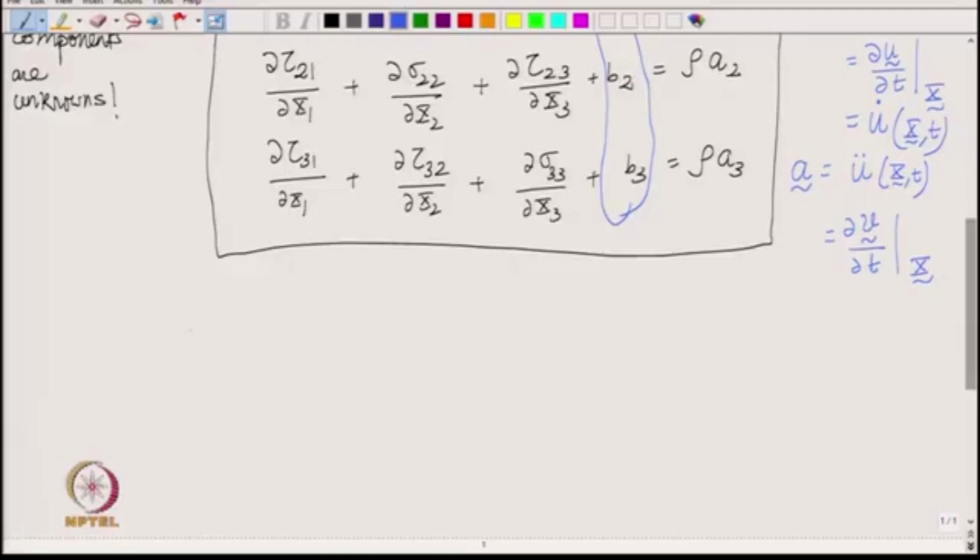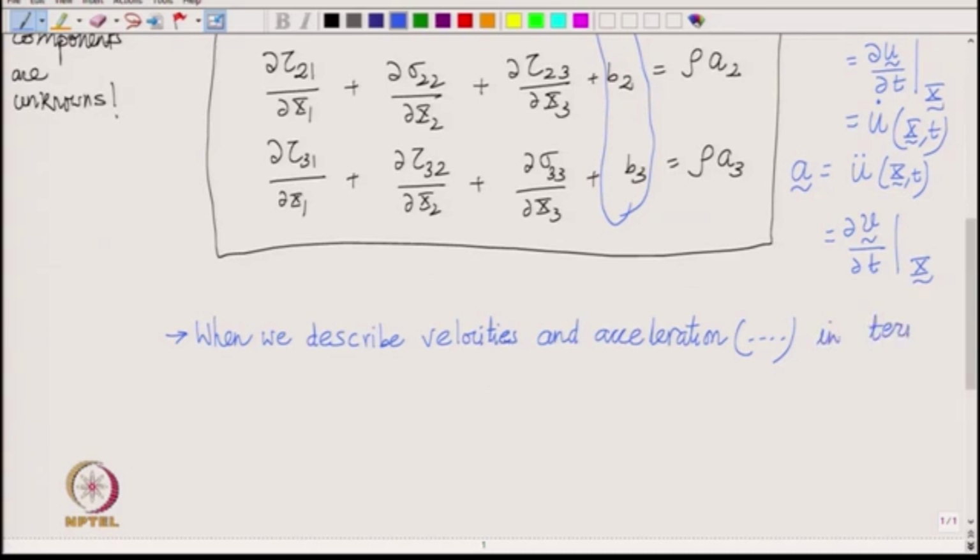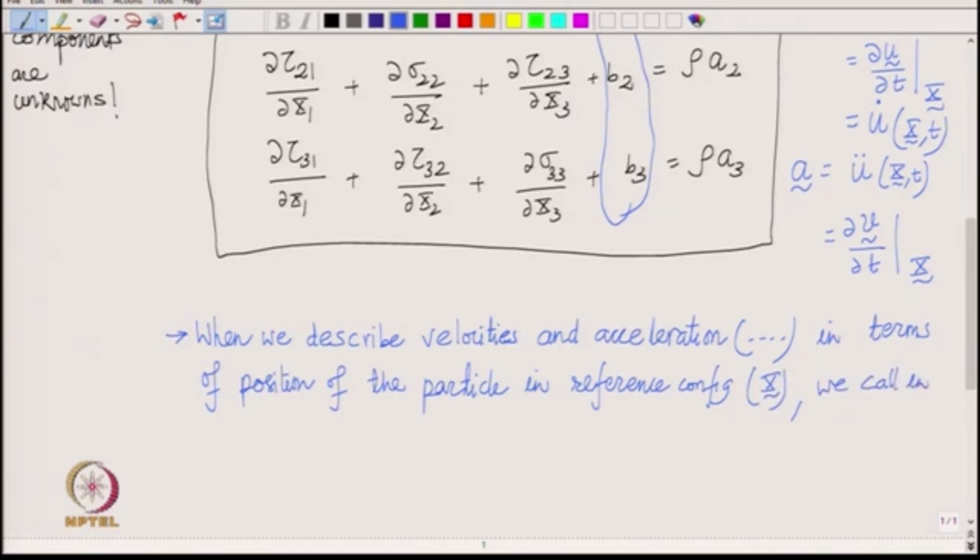So, I will just write here, when we describe velocities and acceleration and any other thing in terms of position of the particle in reference configuration, which is big X, then we call it Lagrangian description. Okay, it is just a name.